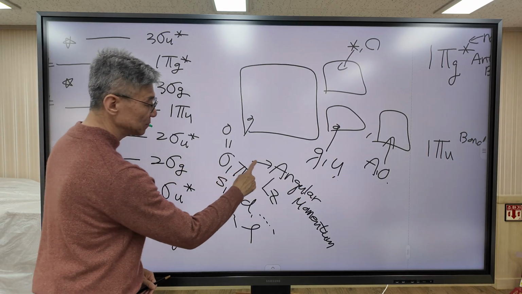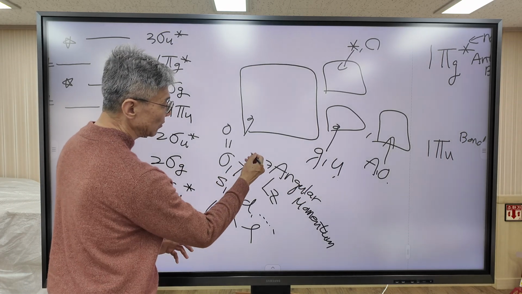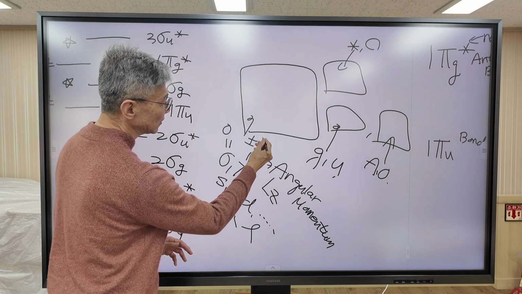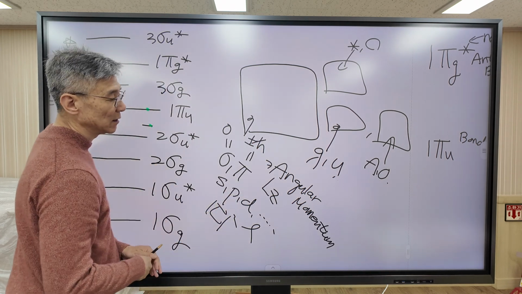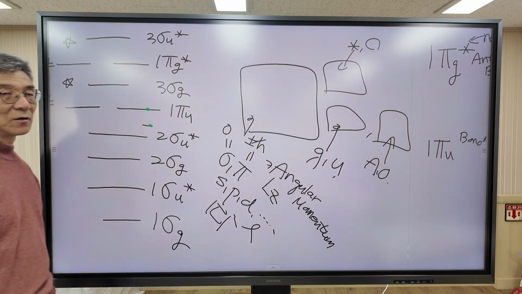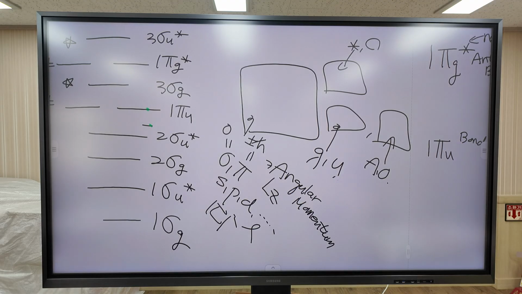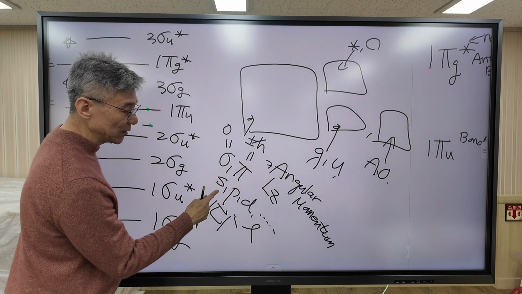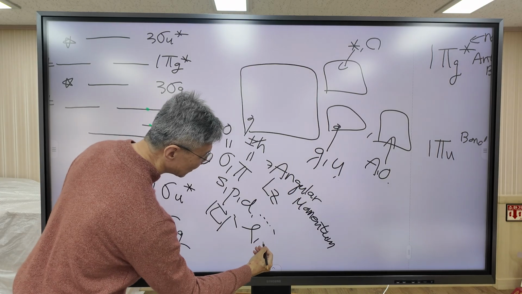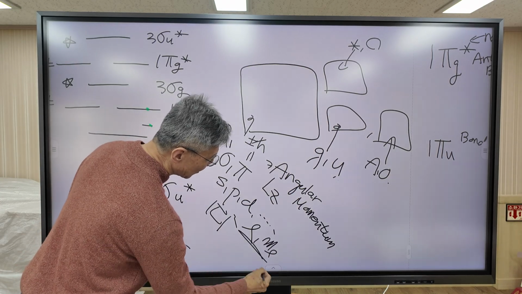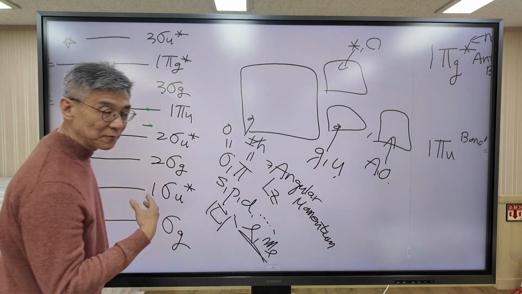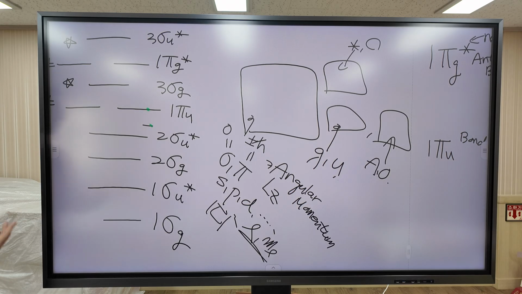For a pi orbital, the z component of angular momentum is plus or minus h-bar. Then it is called a pi orbital. Now there are important points. In an atom, we can define L and Ml. Both L and Ml can be defined in an atom.